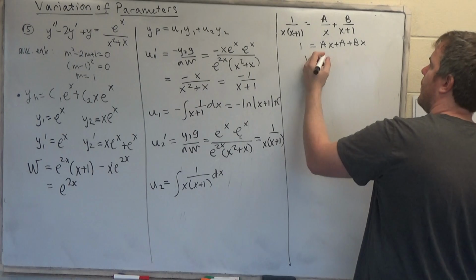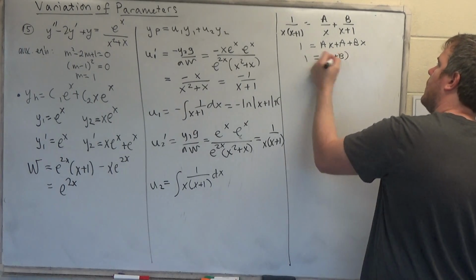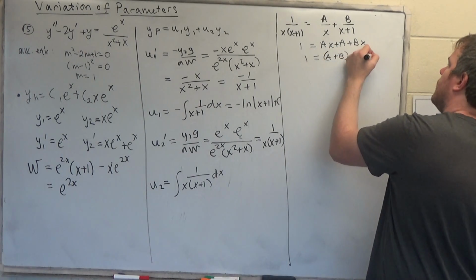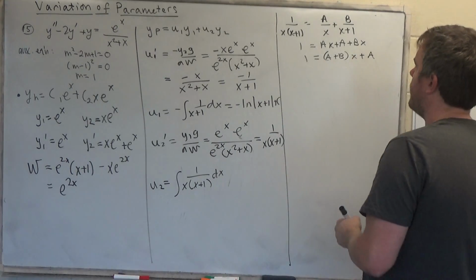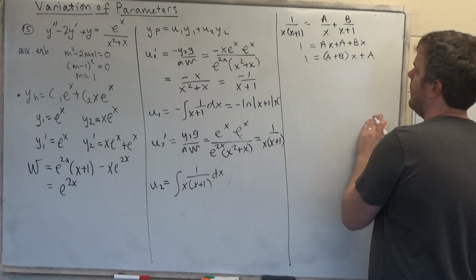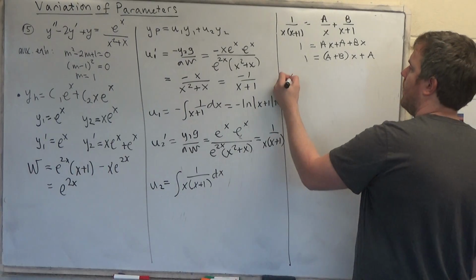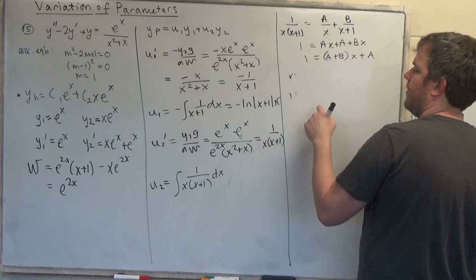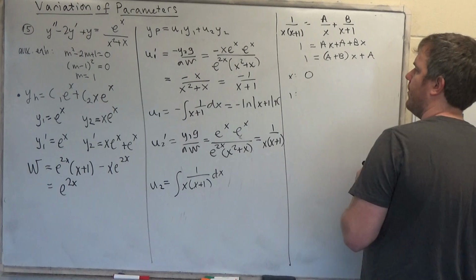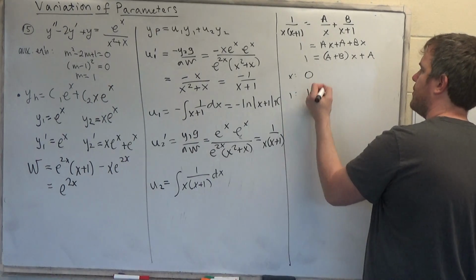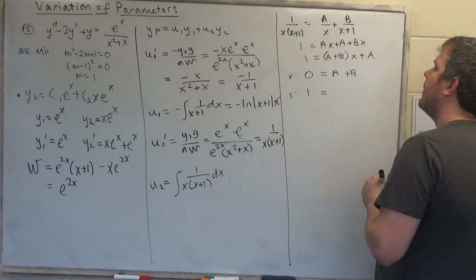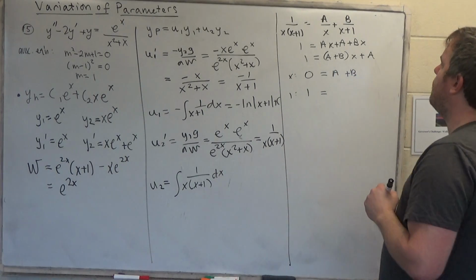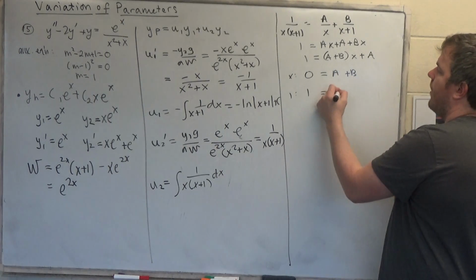And collect terms as a polynomial. So the polynomial on the left is supposed to be the polynomial on the right. That allows us to equate coefficients to solve for a and b. The coefficient of x on the left is 0 because it doesn't show up, and the constant coefficient is 1. On the right, however, the coefficient of x is a plus b, while the constant coefficient is a.